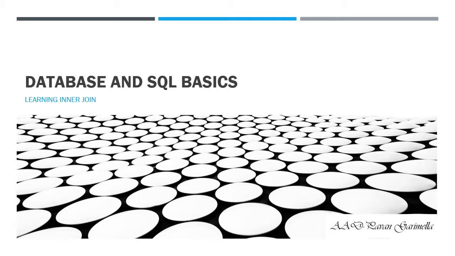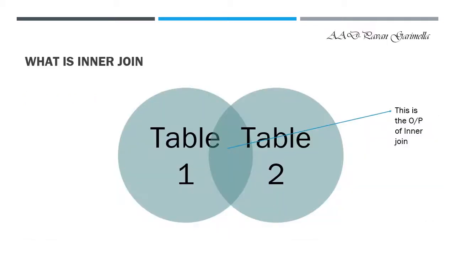In this video, we will talk about inner joins. Inner joins perform a very critical action of helping the SQL developer get information which is matching in a couple of tables. Here, consider two tables, table 1 and table 2.